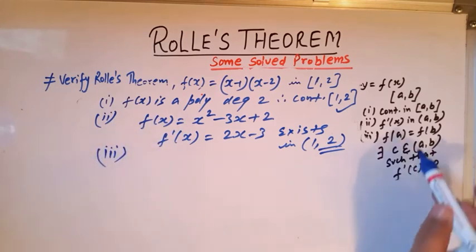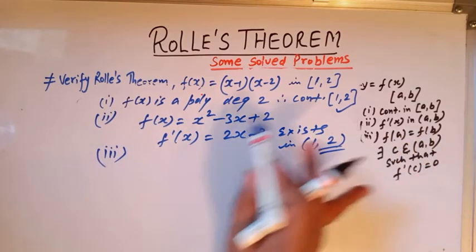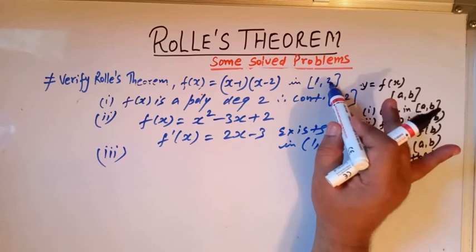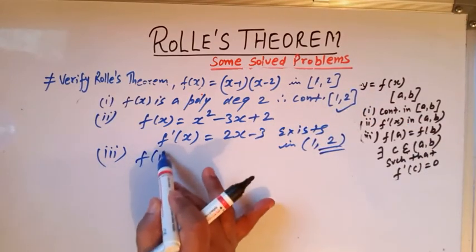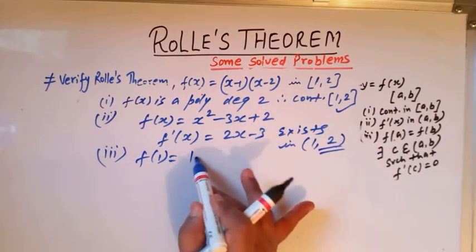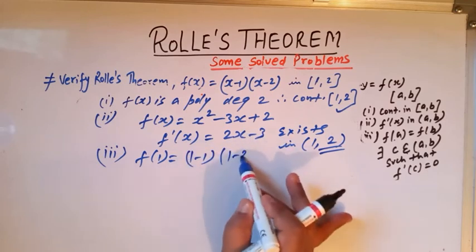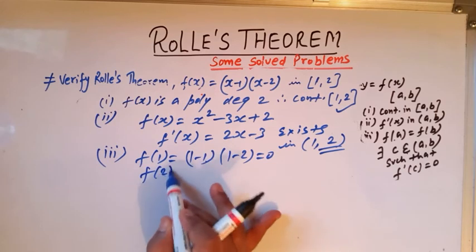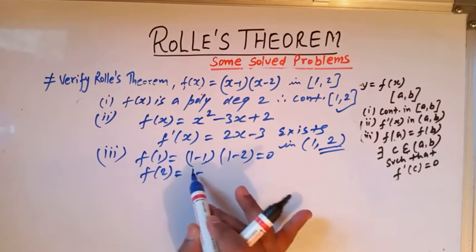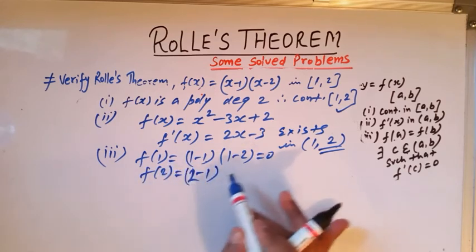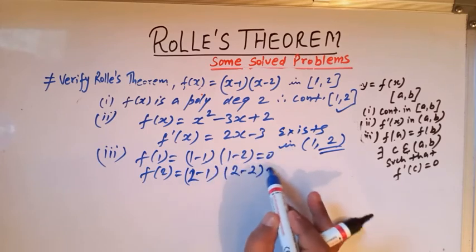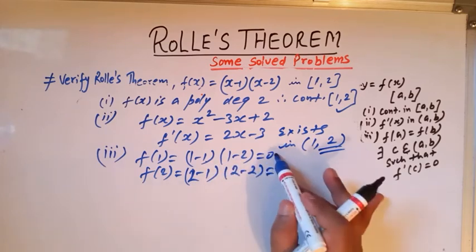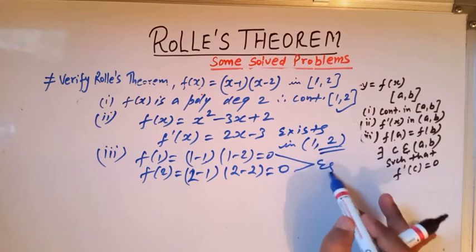The third one is f(a) is equal to f(b). So here a is 1 and b is 2. So f of 1 is obviously 1 minus 1 times 1 minus 2, this is 0 because 1 minus 1 is 0. Similarly, f of 2 is 2 minus 1 times 2 minus 2, and 2 minus 2 is 0. So therefore both are equal.